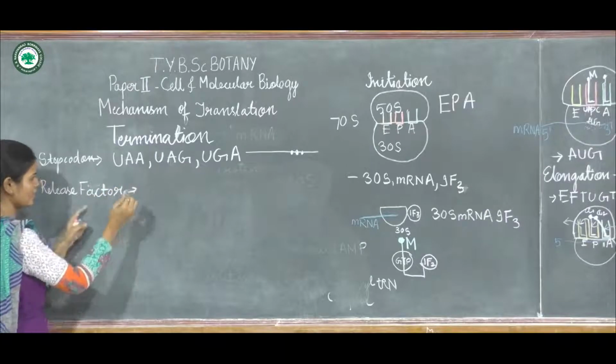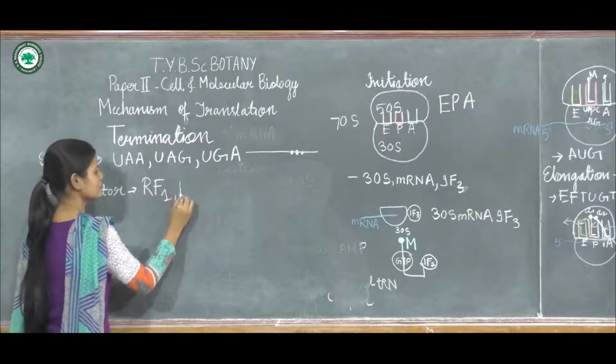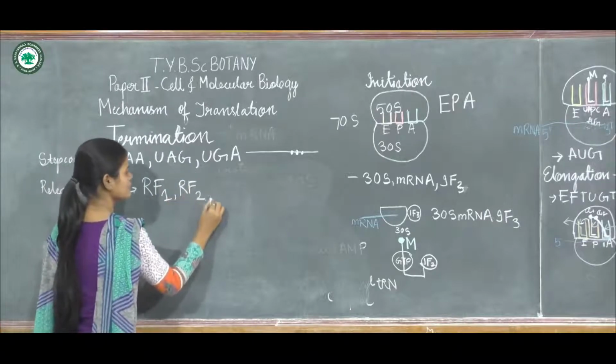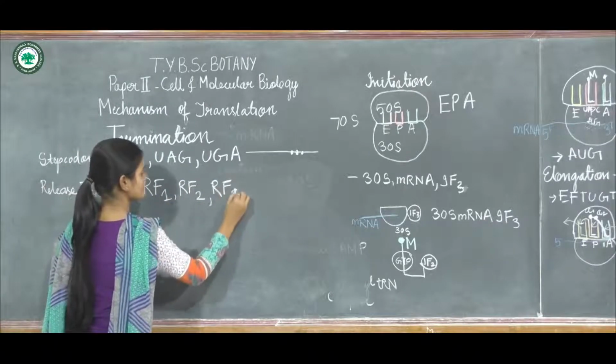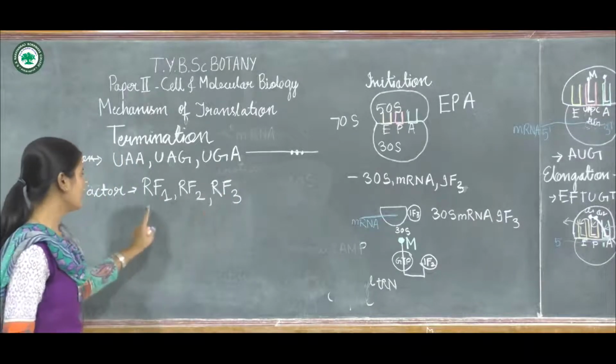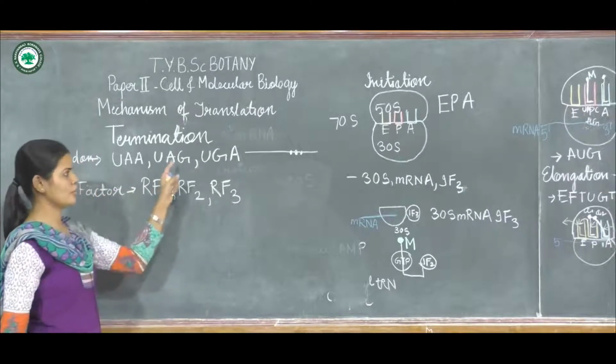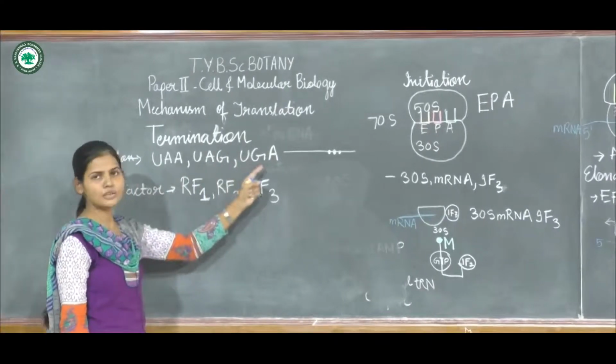Now one more thing is there, that is the release factor. There are three release factors: 1, 2 and 3. These are the factors which will recognize the stop codons, that is UAA, UAG and UGA.